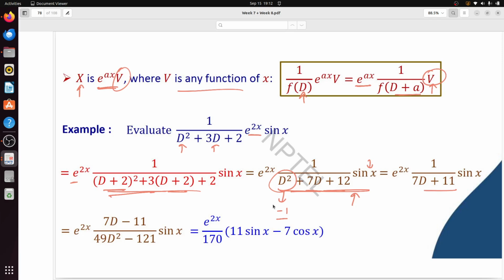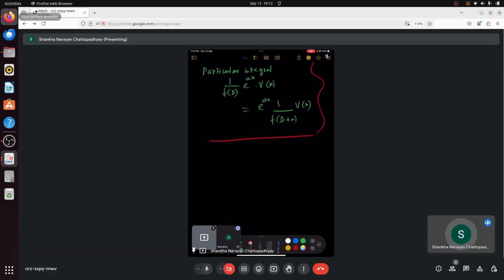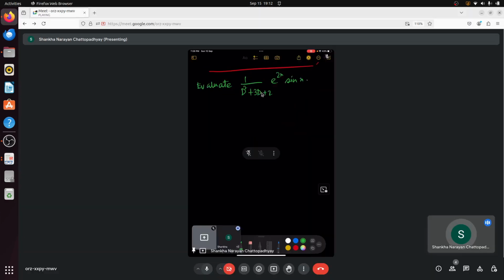Evaluate. So this is our problem which we want to solve. Evaluate 1 by d square plus 3d plus 2, e to the power 2x sin x. How to solve? This particular integral we have to solve.